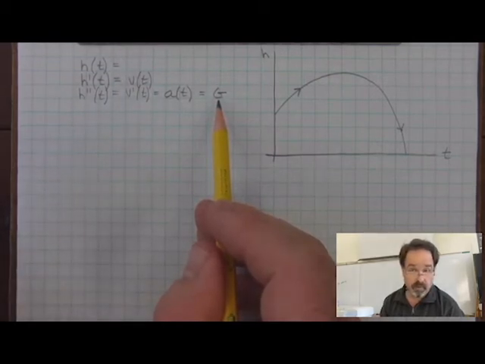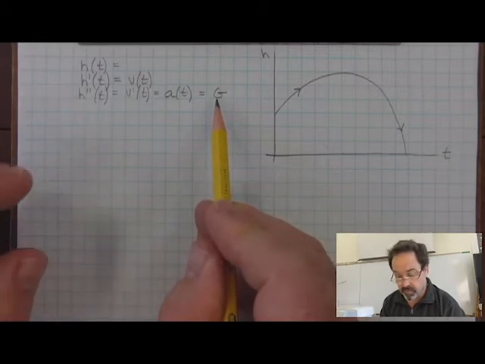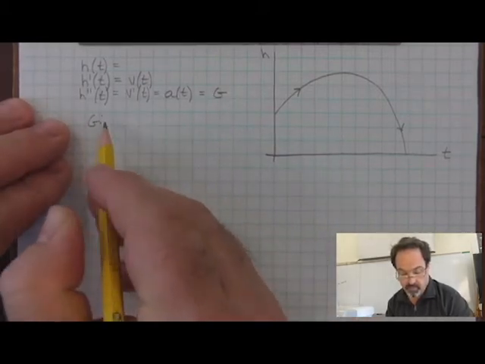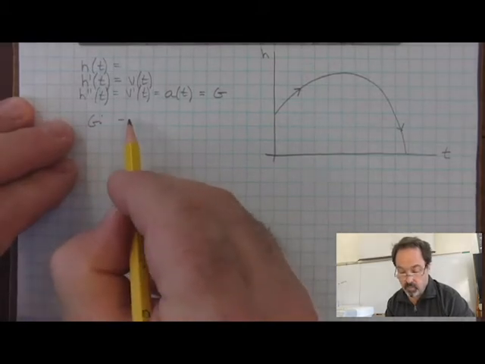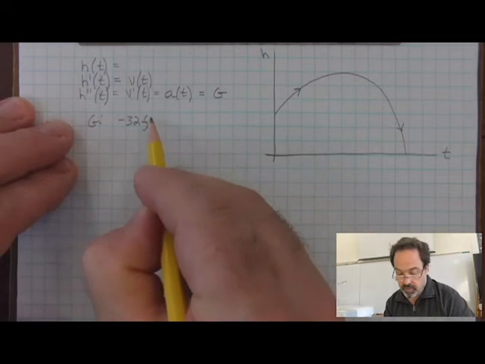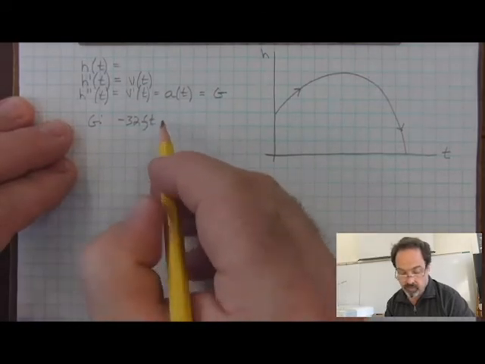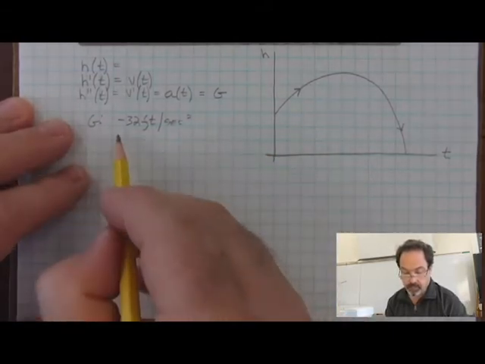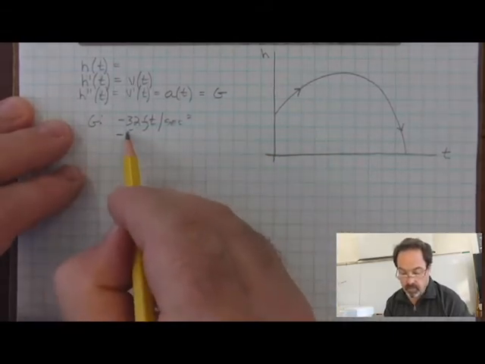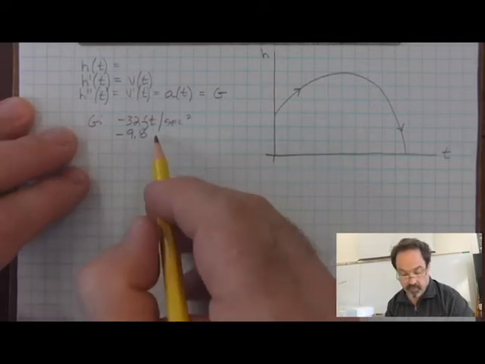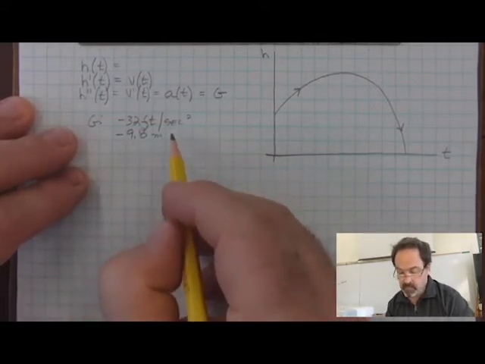It could be measured in feet per second, or meters per second. So we have to be careful that the constant g, when we use it and evaluate, is in the correct units. Negative 32 feet per second squared, or another typical gravitational constant is the one for meters per second squared, negative 9.8.